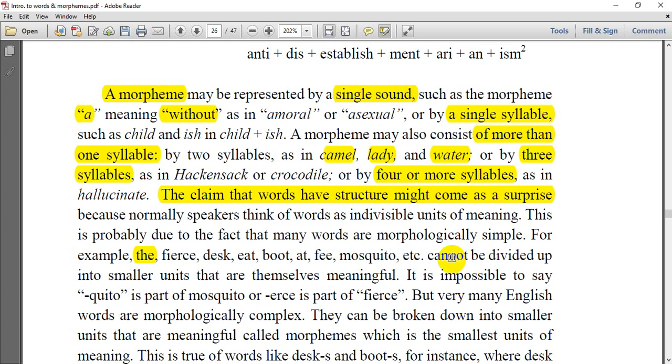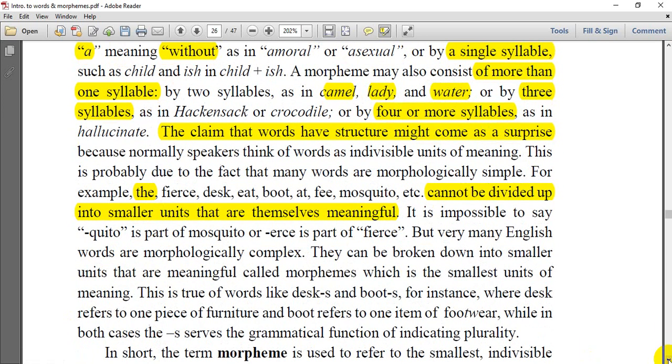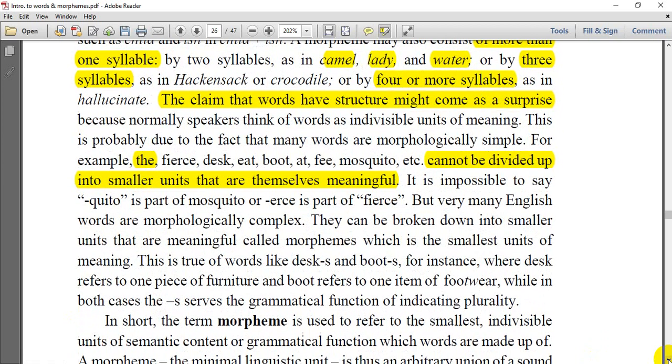These words can't be divided into smaller units that are themselves meaningful. These are free morphemes, which stand alone. It is impossible to say that cute is a part of mosquito. Mosquito is a free morpheme. At the same time, many English words are morphologically complex.